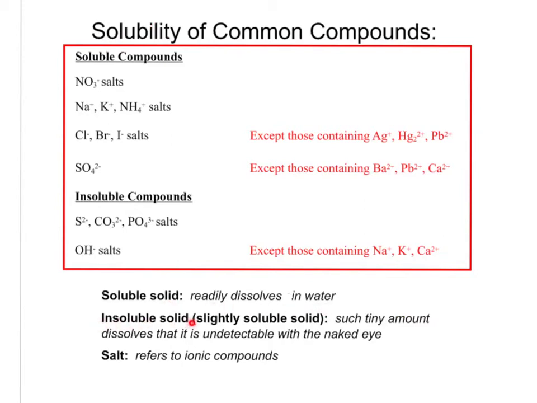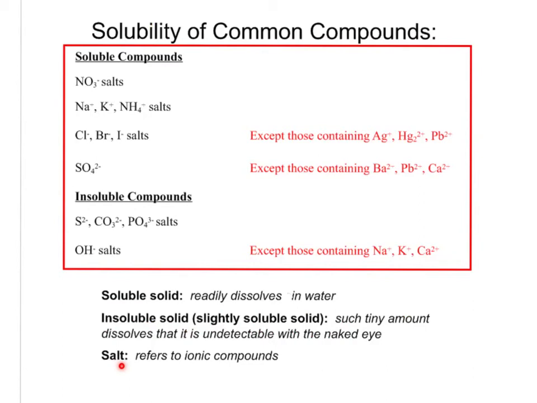An insoluble solid or a slightly soluble solid, those actually refer to the same thing. Chemists will sometimes say slightly soluble. It really means insoluble. It means that such a tiny amount dissolves that you cannot detect it with your eye. And then a salt. In chemistry, when chemists say a salt, they're referring to an ionic compound. Any type of ionic compound is also called a salt.